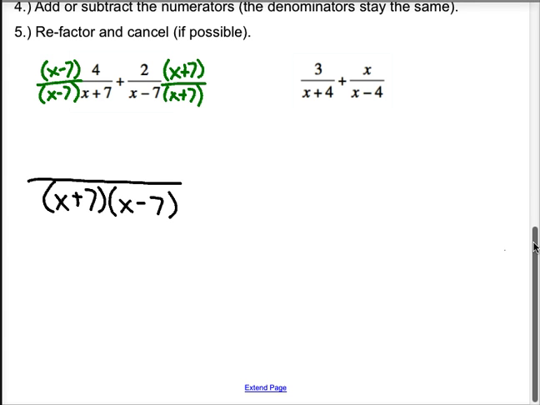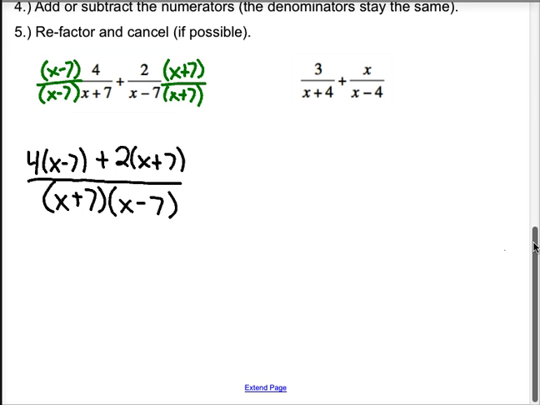So what's going to end up happening is I'm going to have 4 times x minus 7 from the first one, and then I can add in that 2 times x plus 7 from the second fraction.